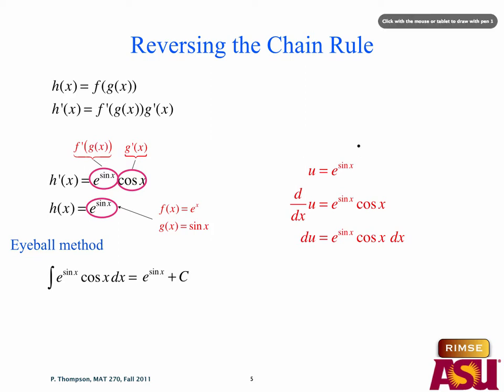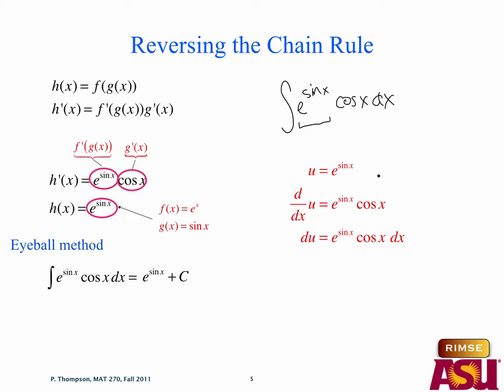If I let U equal e to the sine x, so right now I'm trying to compute this integral. When I look at this integral, the most complicated looking piece of it is this chunk. Do you agree? So I'm going to let U equal that chunk and see what happens.